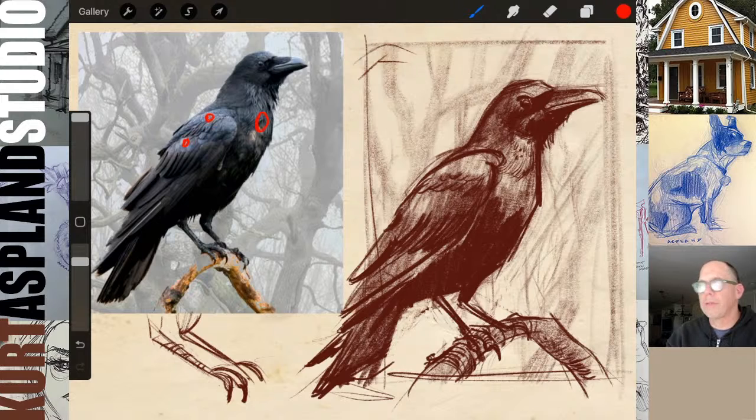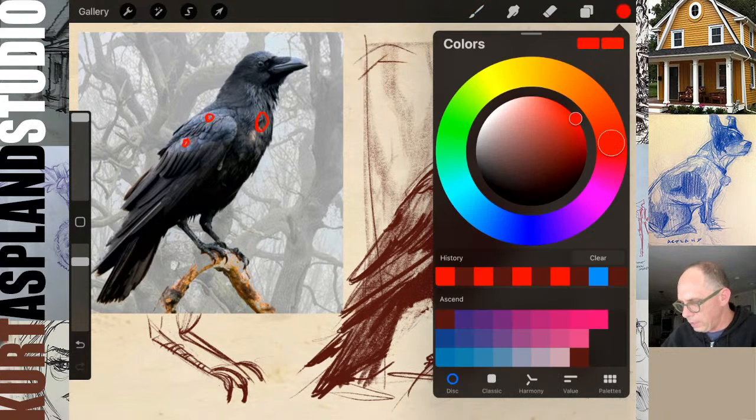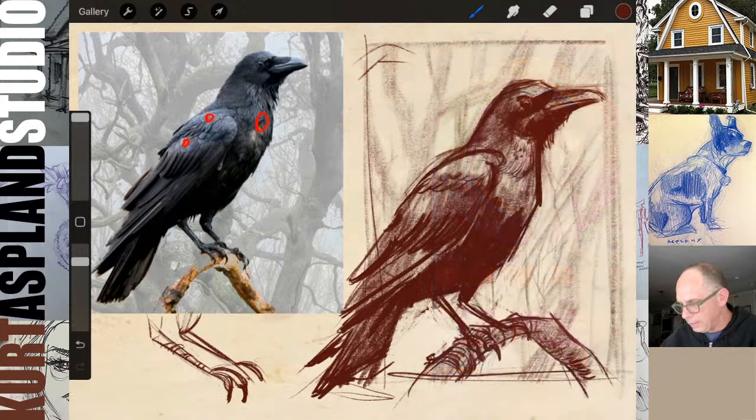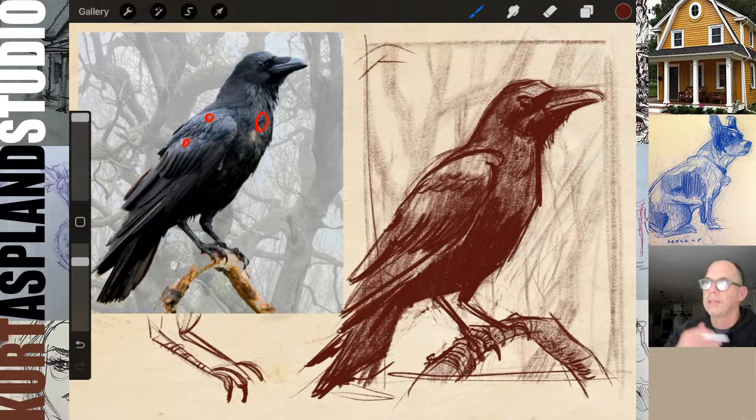So in my drawing right now, the breast area of the bird is much too light. So I need to come in and tone that back, just a little bit. There, now I've caused the wing to come forward. You see that?